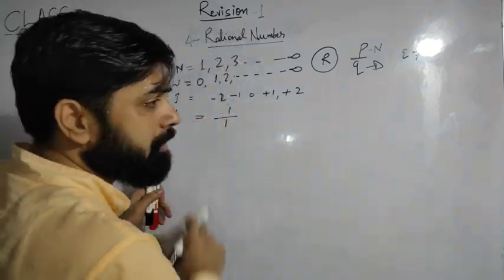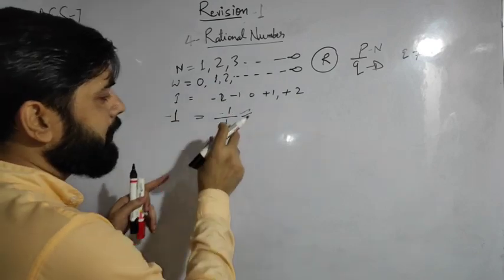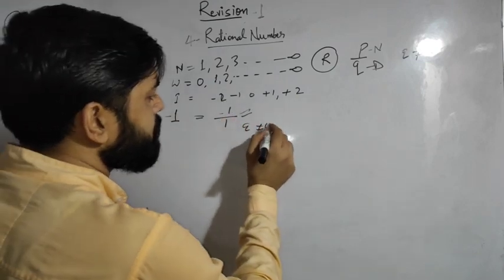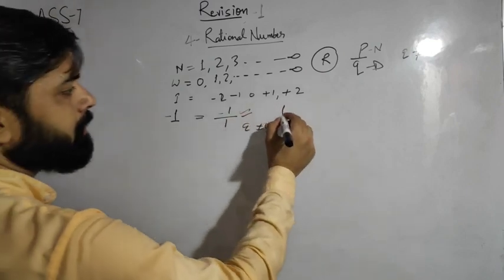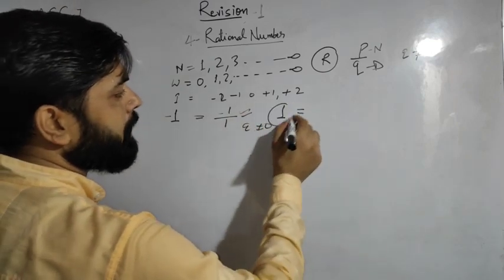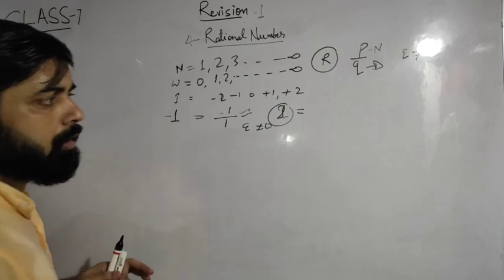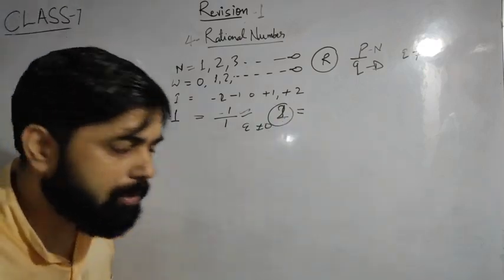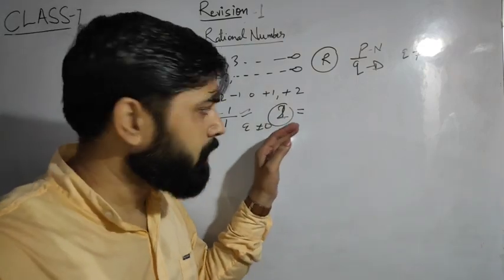So -1 upon 1 is a rational number, and here q is not equal to 0. Understood? And then 1, this is a whole number. Or you can take 2, a whole number. You can say it is a rational number.